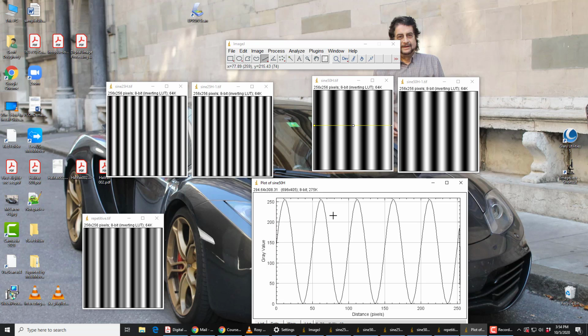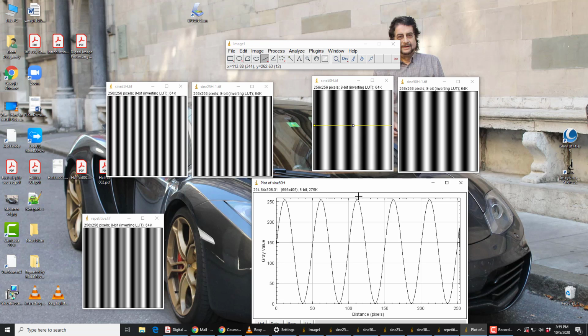And we see it from the profile. The wavelength is from here to here, or here to here. It's the repeat length. And we see along here, distance, it's 50 pixels. It's not calibrated directly into centimeters or millimeters, but it's 50 pixels. So the wavelength is 50 pixels. The spatial frequency is the inverse of that.